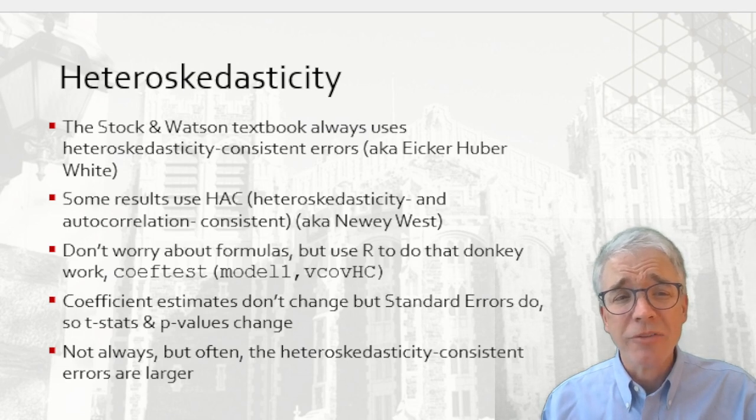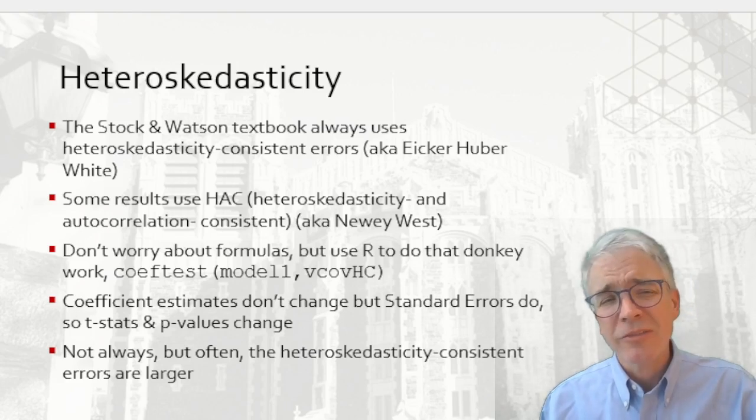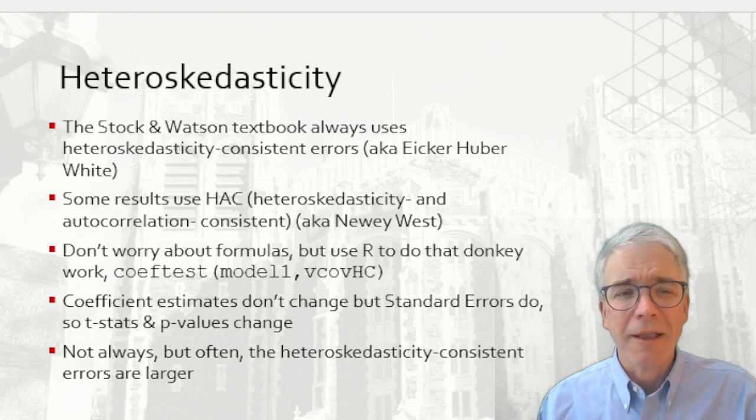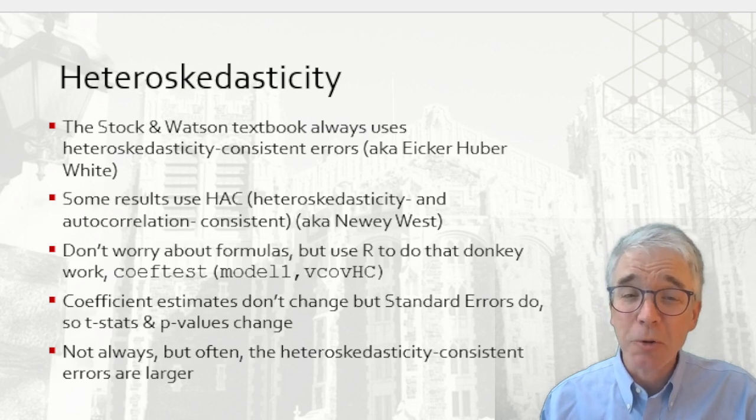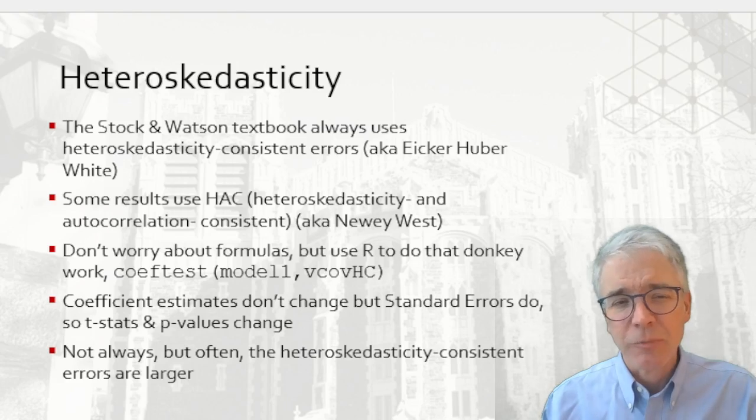In the Stock and Watson textbook, they always use heteroscedasticity consistent errors, sometimes called Eicker-Huber-White errors after three of the authors who developed those. As you read econometric studies, you might also see HAC standard errors, which are heteroscedasticity and autocorrelation consistent, sometimes called Newey-West for those authors.